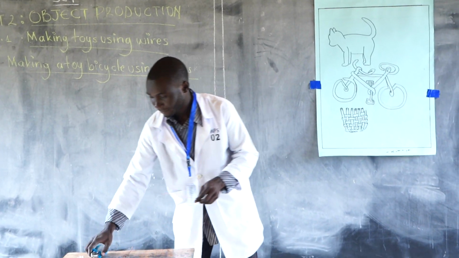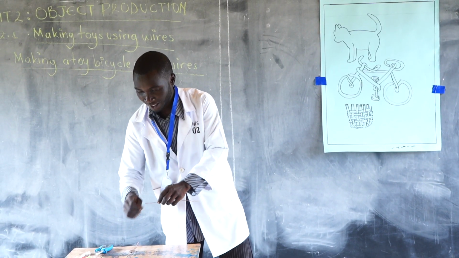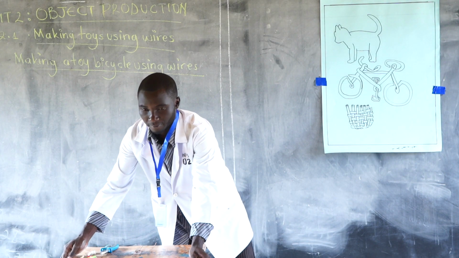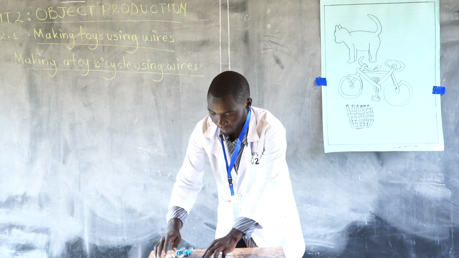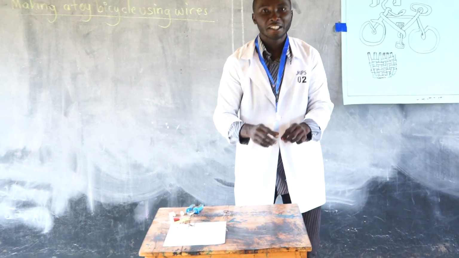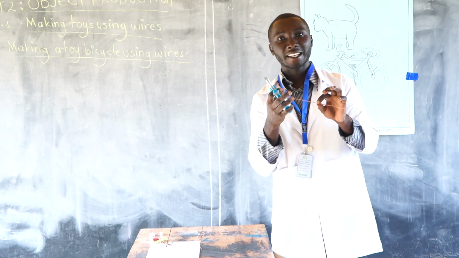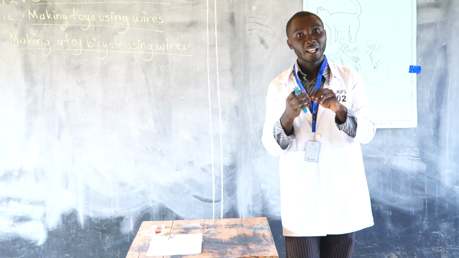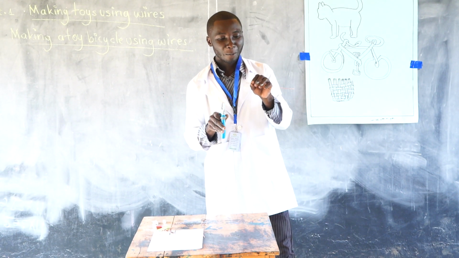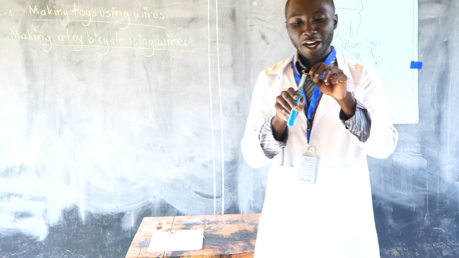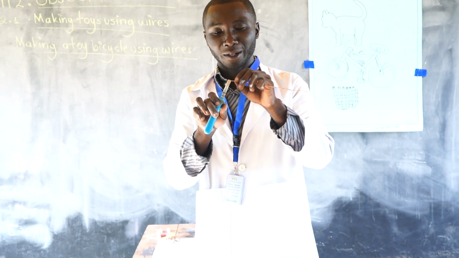Okay, let's go on to the procedures. The first one, we will fold our wires to make the front wheel and the handle properly. We have to fold to make the handle and the front wheel.